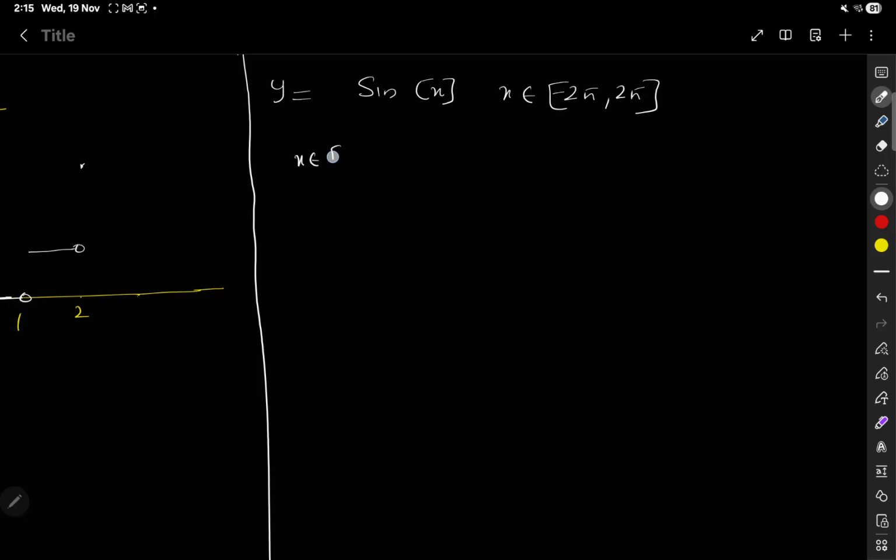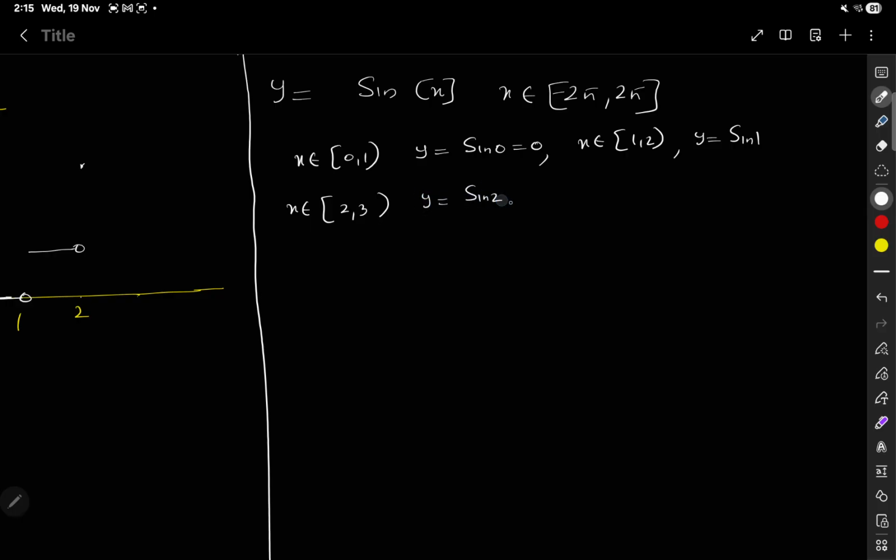When x belongs to 0 to 1, sine step x will be sine 0, which is 0. When x belongs to 1 to 2, step x is what? 1. So sine 1 you will get. Now when x belongs to 2 to 3, what will be step x? 2.